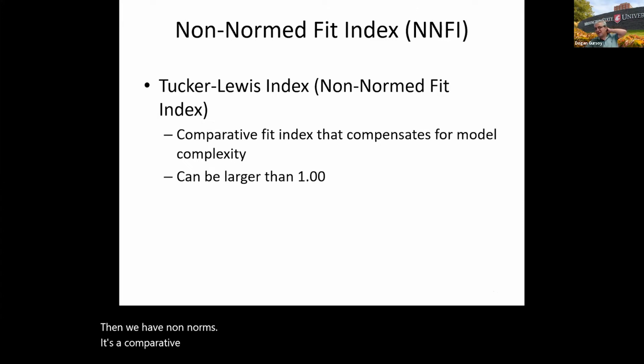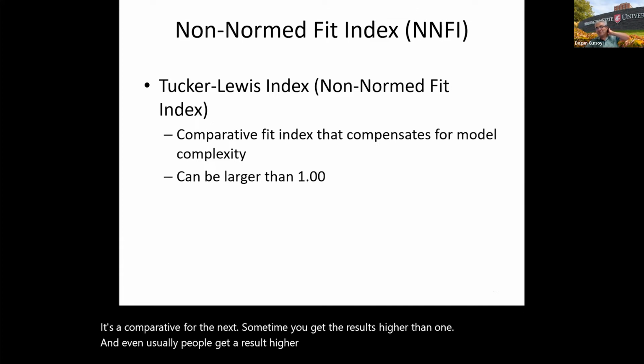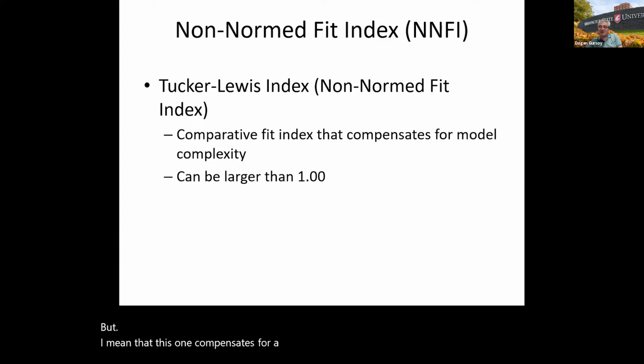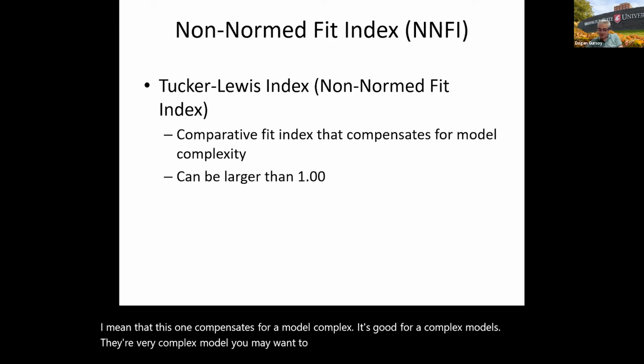Sometimes you get results higher than 1. And when people get a result higher than 1, they usually don't report it. This one compensates for model complexity. It's good for complex models. For a very complex model, you may want to pay special attention to this one.